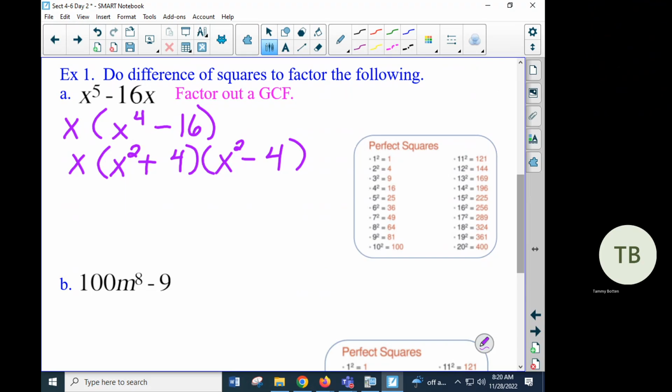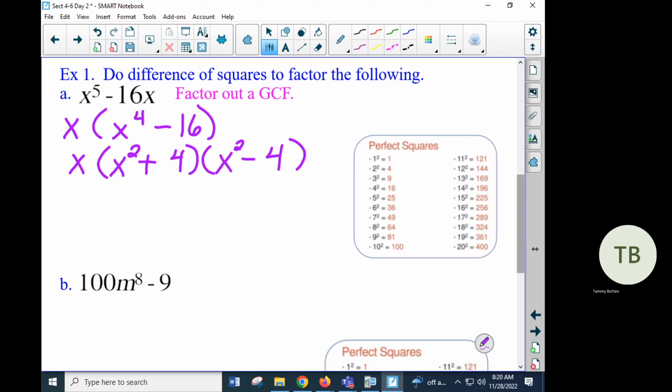Okay. Now, when you have that higher power, what can happen is one of these can be factored more a lot of the times. Okay, so that's what you have to look for. This one has a plus sign, so we don't have to worry about it because it's not a difference of squares.